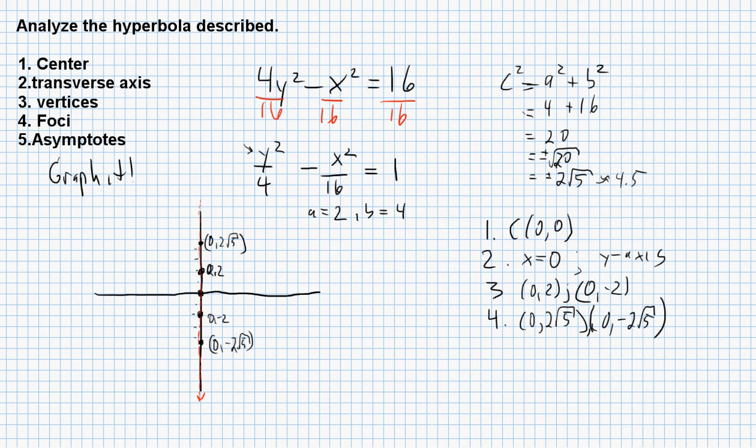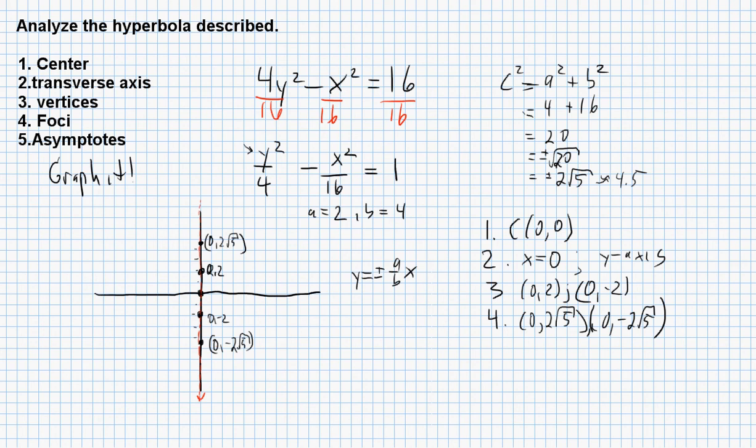Now we have to get the asymptotes, and when we have the asymptotes, that'll allow us to complete the graph. If you'll recall, the asymptote equations for a vertically oriented hyperbola are going to be y equal to plus or minus a over b times x if the center of the hyperbola is at the origin, like ours is.